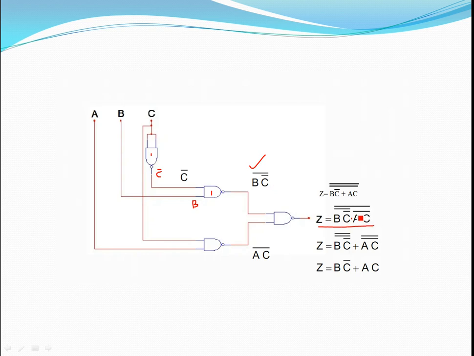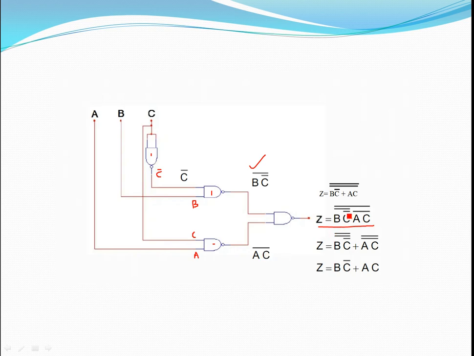Next we'll consider the second term, AC whole bar. This is directly the NAND gate expression, that is A and C are the inputs. As you can see here, one input is A and another input is directly from C, and the output of this NAND gate is AC whole bar.